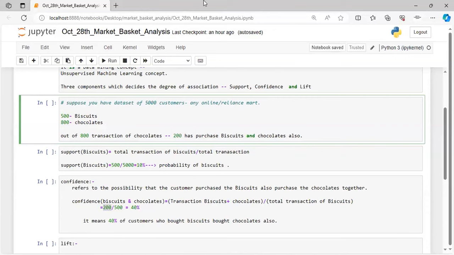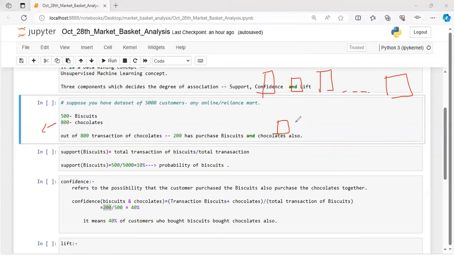In all the invoices, this is the 5,000 number of invoices you have. Out of all the 5,000 invoices, you have filtered 800 invoices where they have purchased chocolate.